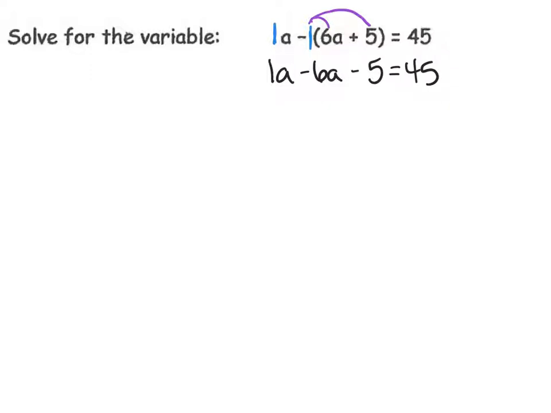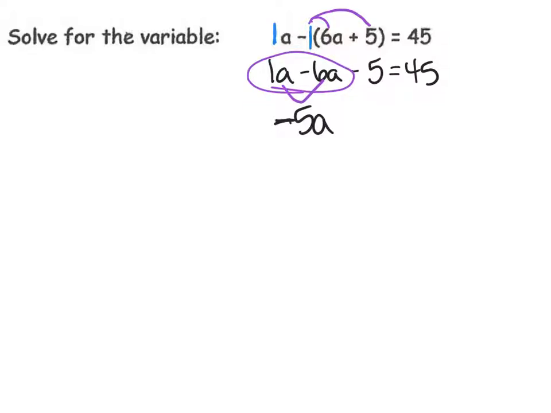Something else that we have not learned together, but let's talk about it now. On the left side, I have like terms. Put those together now before you do anything else. It's not 7. It's a 1A take away 6A, which gives negative 5A.